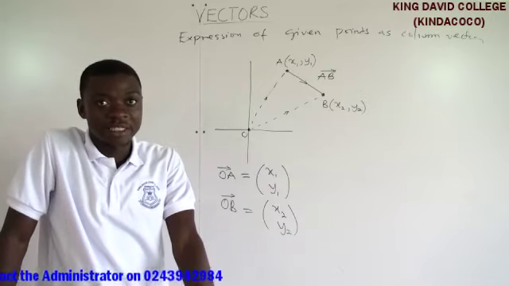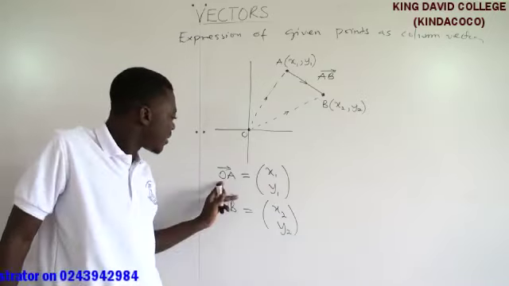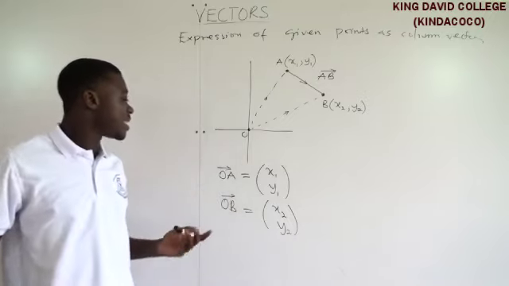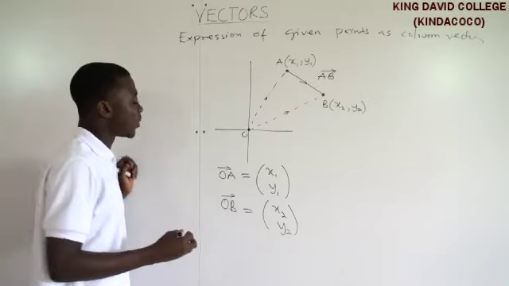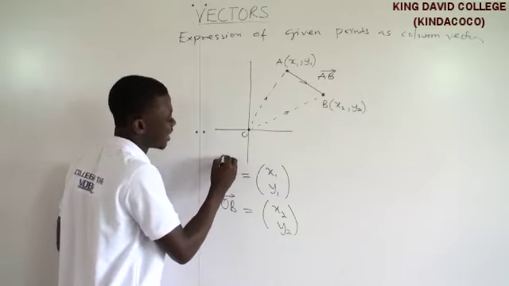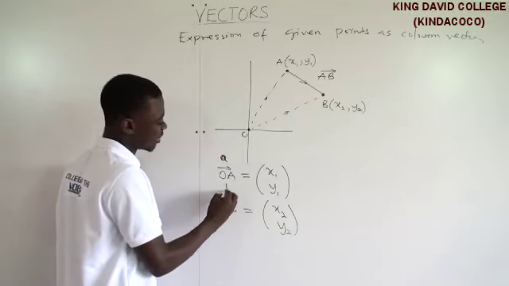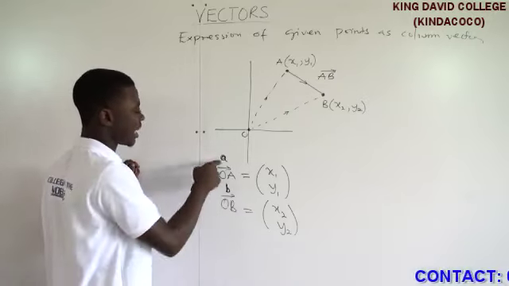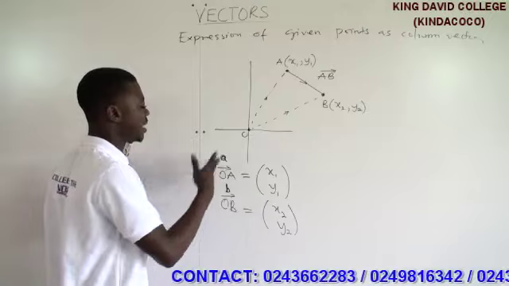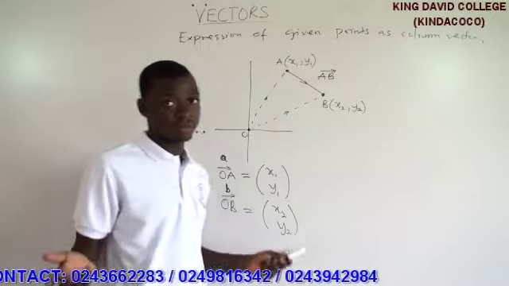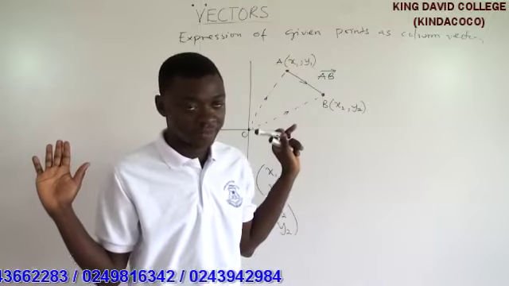Because O is the origin, in some books they will just write this as vector A, and then they will write this as vector B. So vector A and then vector B, and then they go their way. In case I want to do anything with them, I can just pick the vector A and B.